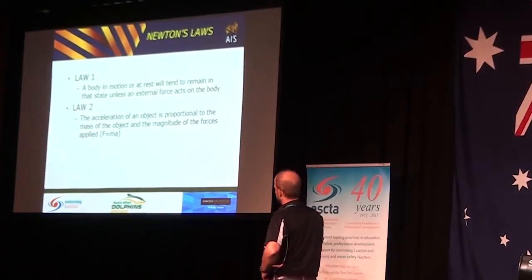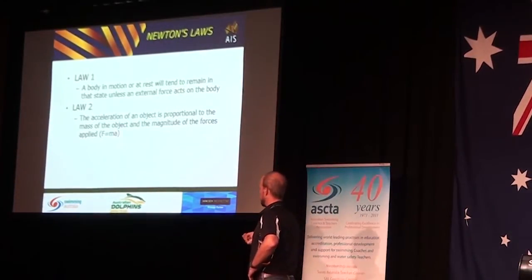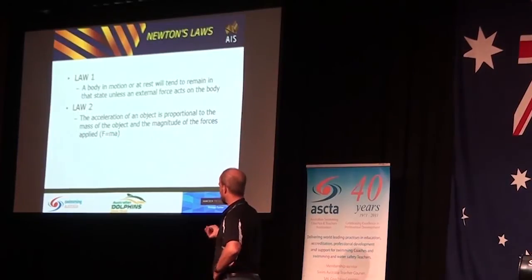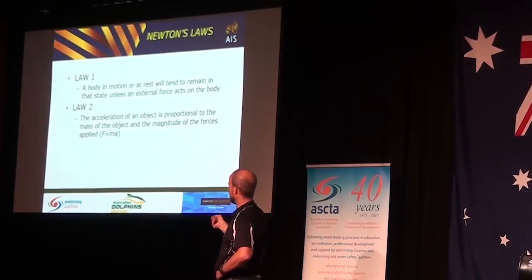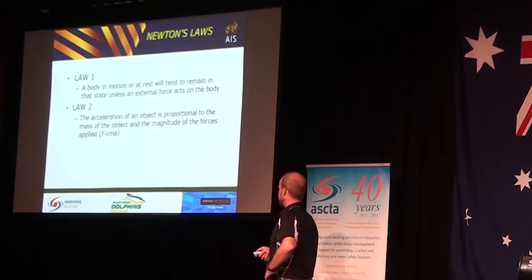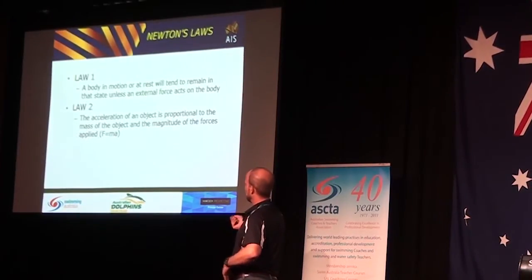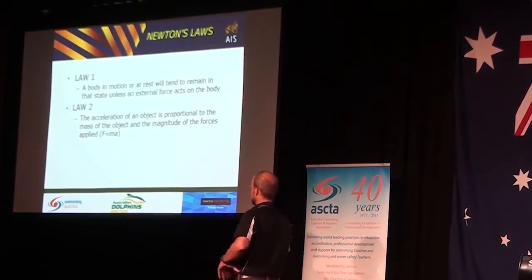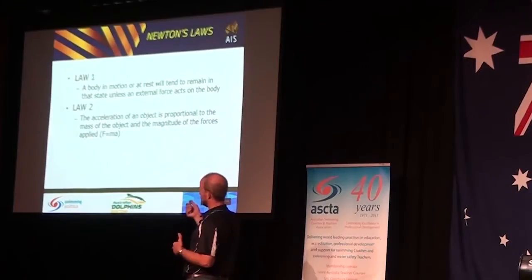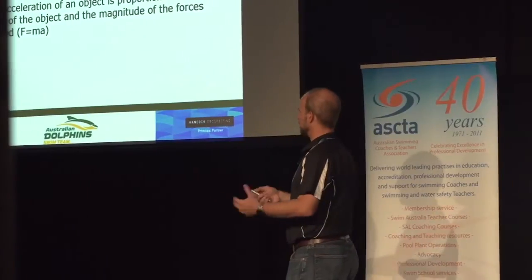This is the old equation, F equals ma, from before Einstein came up with E equals mc squared; that was the equation everybody knew. It's not as common these days, it seems like. But the acceleration of any object is going to be proportional to the magnitude of the force you're applying and inversely related to its mass, how big and massive it is.